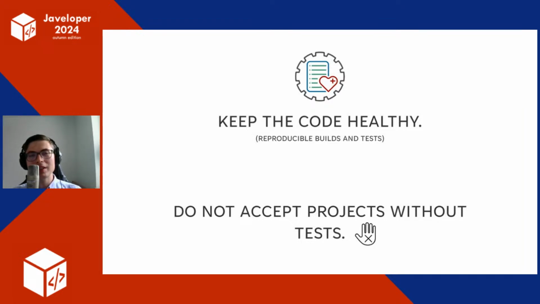I need to have a clear signal that I'm not breaking anything with my upgrades. So if we can keep the code healthy and have good tests, then we can really utilize those full advantages.